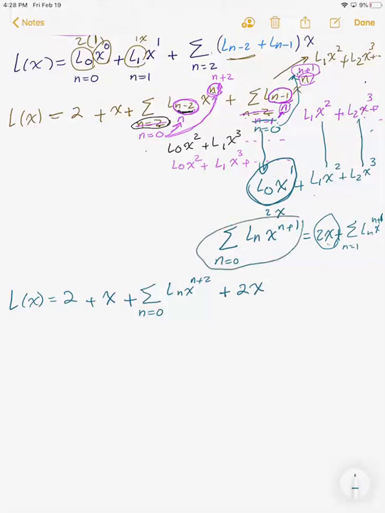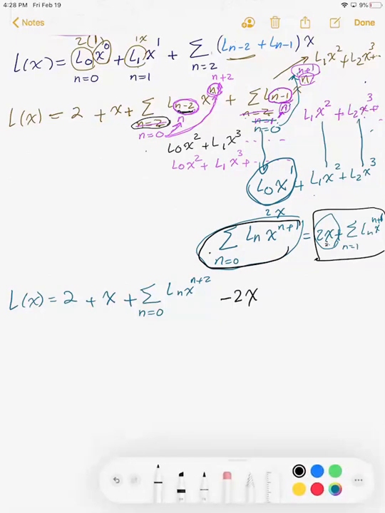I'm going to subtract the 2x and then write that, because this is equal to that. So I just want to get rid of that 2x, so I subtract the 2x, and then I write this notation.